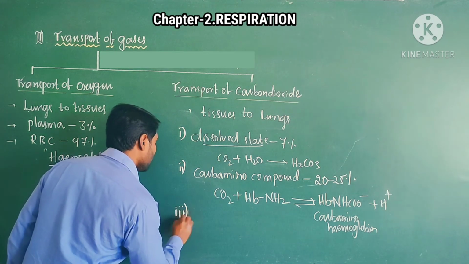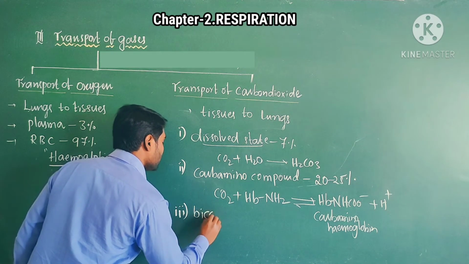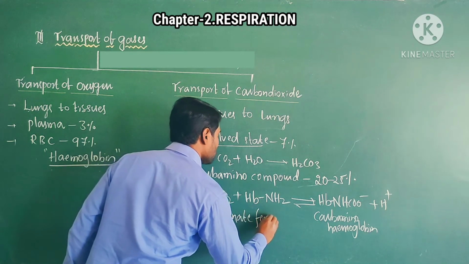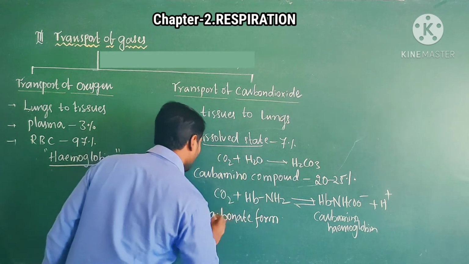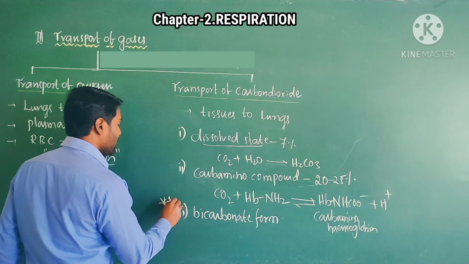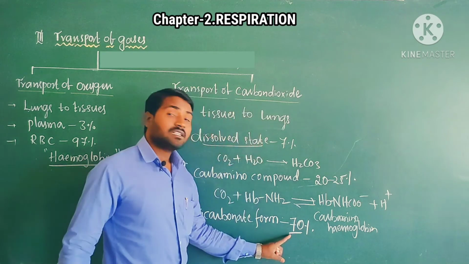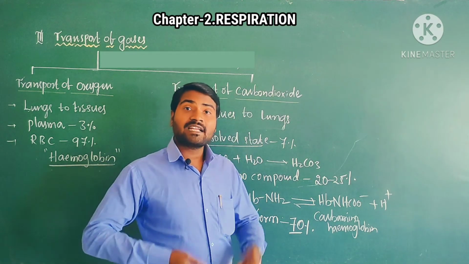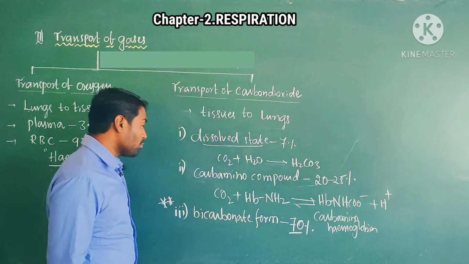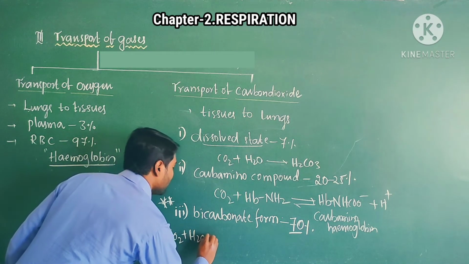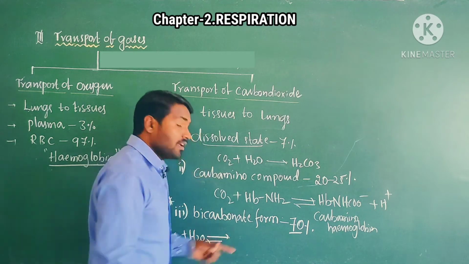One more form is the bicarbonate form. It is important because it accounts for nearly 70%. How much percent? 70% of carbon dioxide returns to the lungs in the bicarbonate form. CO2 first reacts with water in the presence of an enzyme.